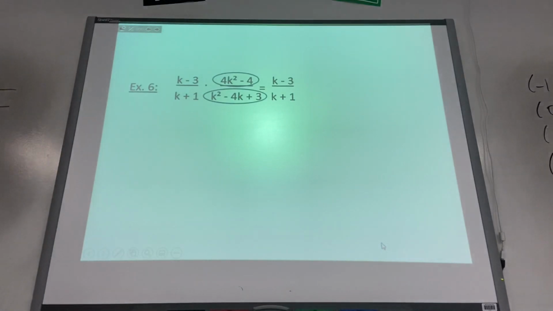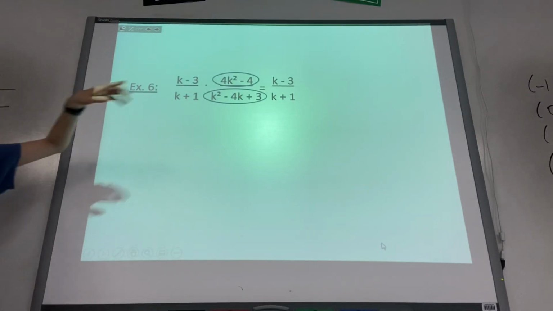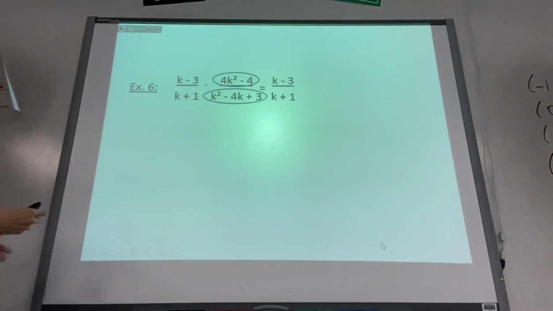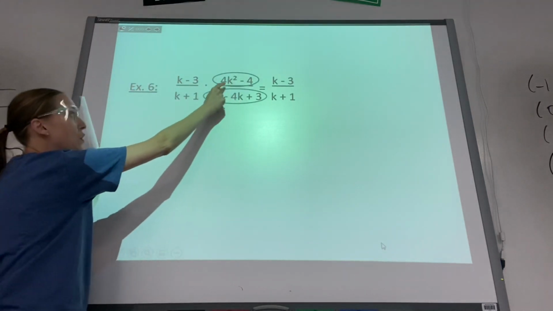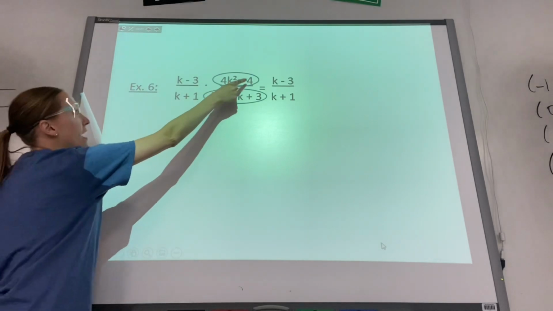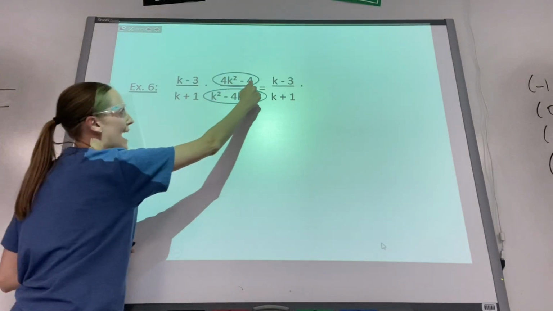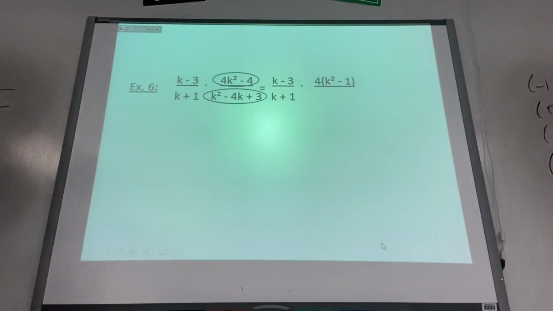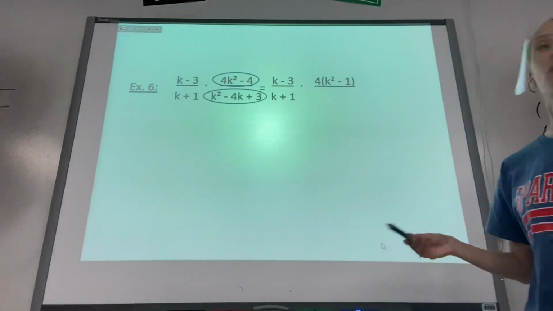Now, let's not forget the first rule of factoring. We hadn't had to use it until that last problem. If you look on top here, these two terms have a 4 in common. So actually, we need to pull that 4 out front.